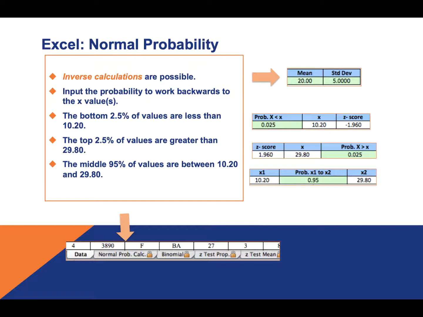For example, here we can see that the bottom 2.5% and the top 2.5% of any normal curve begin exactly 1.96 standard deviations from the mean. Therefore, the middle 95% of any normal curve covers the range plus or minus 1.96 standard deviations from the mean.